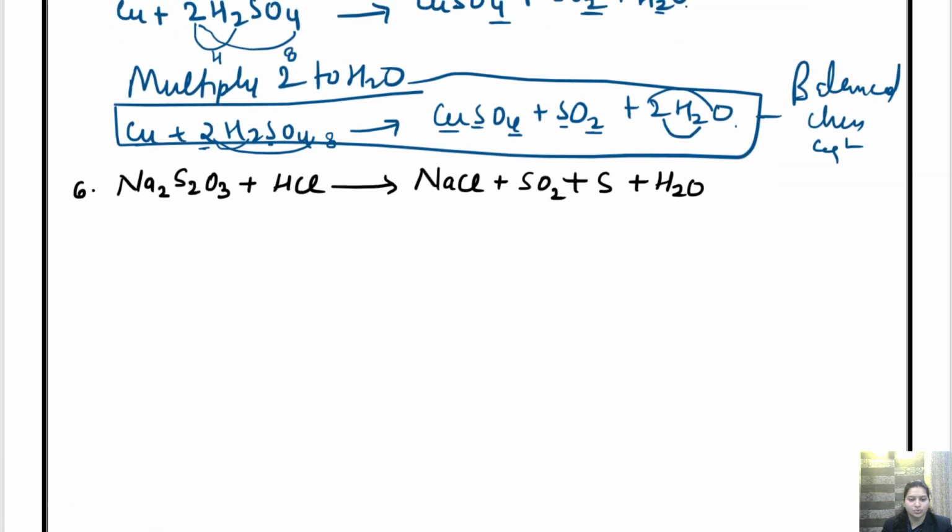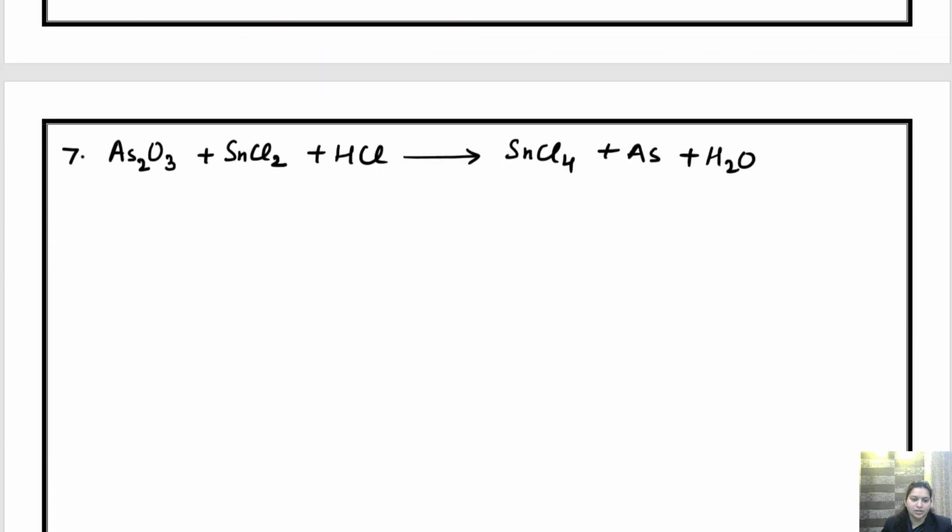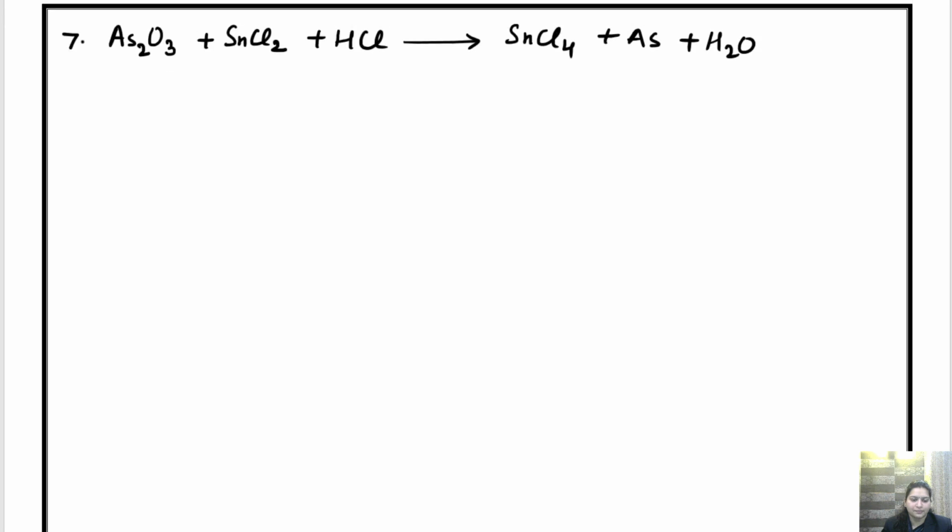Children, these two are your homework. The sixth, write it down in your rough notebook. Na2S2O3 HCl gives NaCl plus SO2 plus S plus H2O. This you will try and this also you will try.